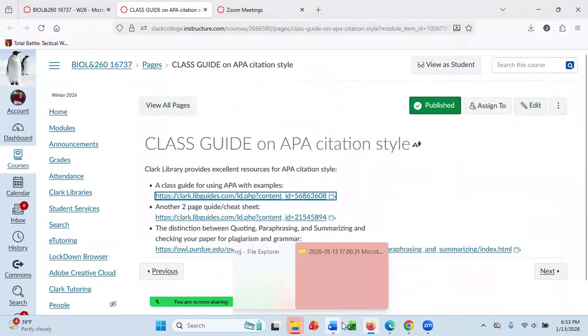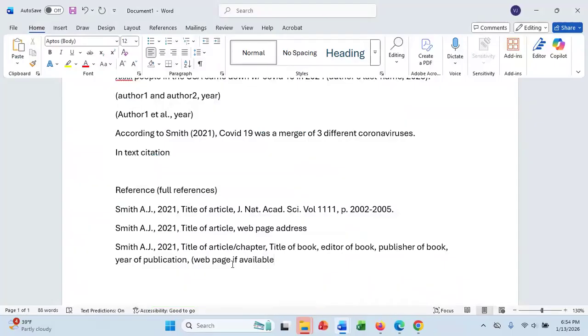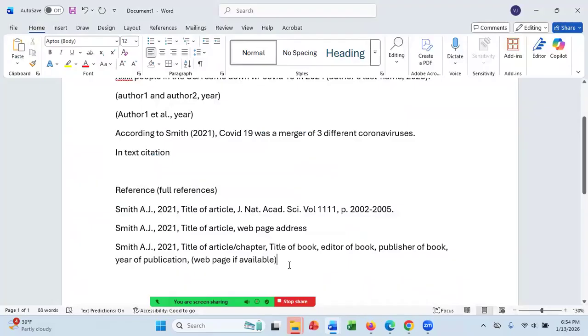But there's something else I forgot because it's added now. Web page if available. All right. Any questions about any of that?